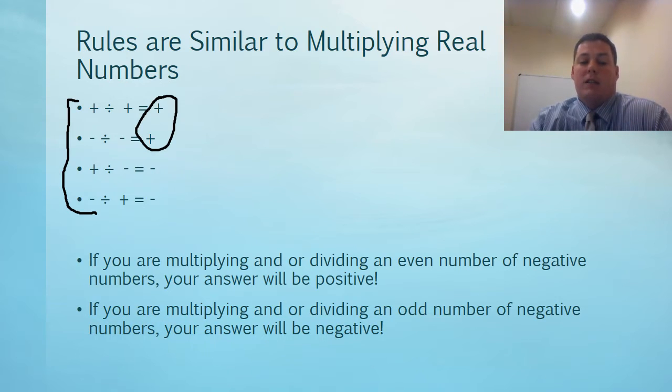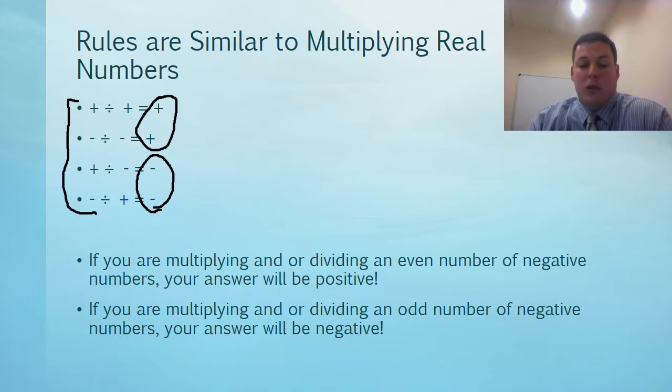So if it's a positive divided by a positive or a negative divided by a negative, you're going to get a positive. Or if you have a positive divided by a negative or a negative divided by a positive, signs are different, you're going to end up with a negative number. In this case, it's the same exact thing as multiplying real numbers.